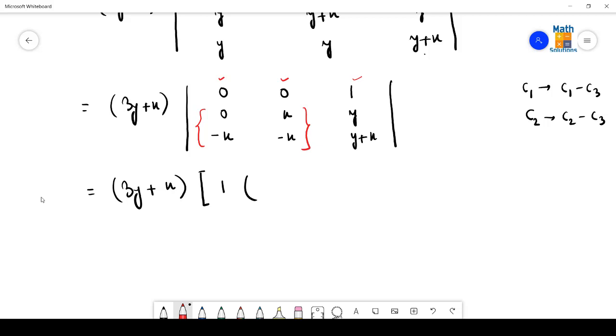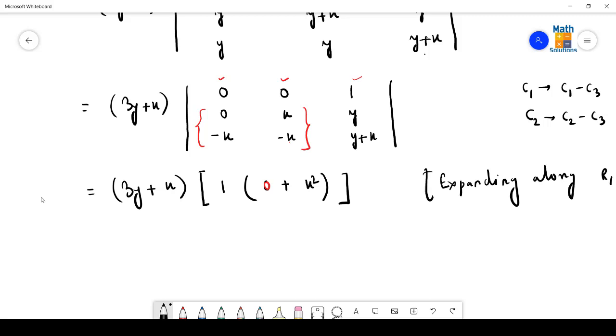Here 0 into minus k will be 0 only, so we are left with minus times minus, which is k square. So this is the requirement, expanding along R1. We shall get k square times thrice y plus k, which is the required right hand side.